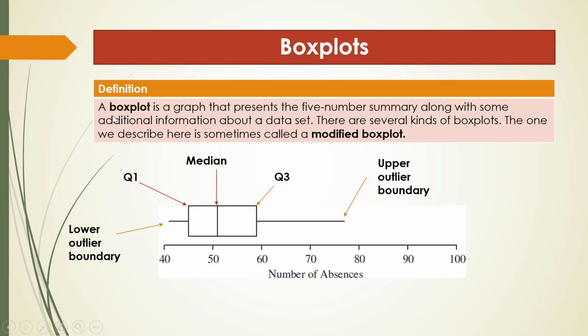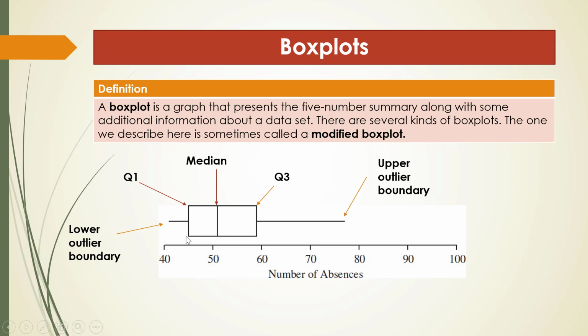For the common boxplot, many people draw the whisker line from the minimum to the maximum instead of from the lower outlier boundary to the upper outlier boundary. To construct a boxplot, first we need to find Q1, the median, Q3, the lower outlier boundary, and the upper outlier boundary. Then we make a horizontal line and mark the values of the dataset on it.